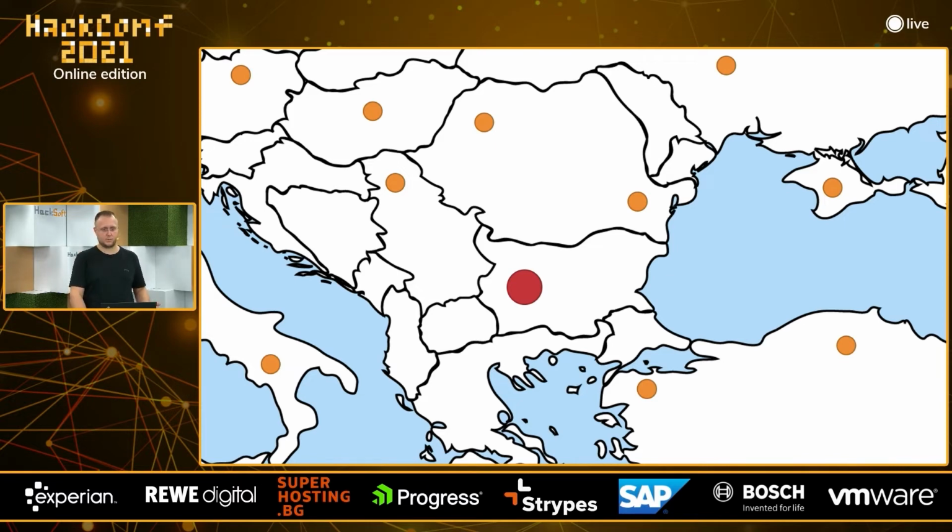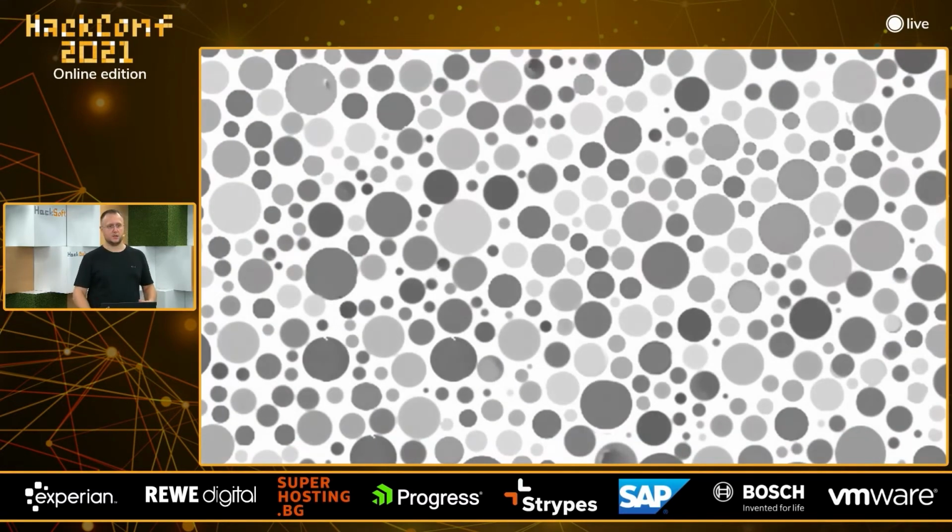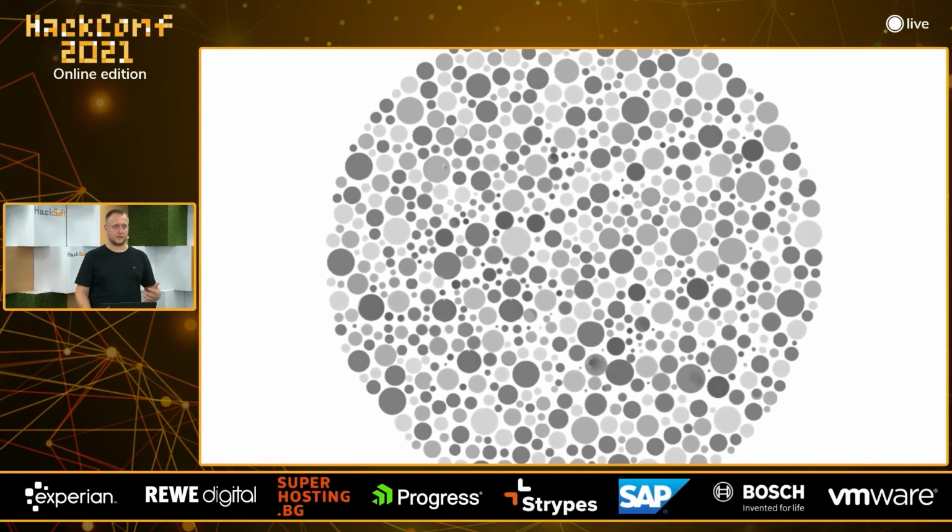It's your problem. Now, something important that I want to convey here is that performance hides. And it usually hides in unexpected places. When you're down to the details, from your point of view as a developer or some kind of manager of a development team, it's very hard to see where performance is hiding. So then you need to go back a few steps. You need to see the system from the top.